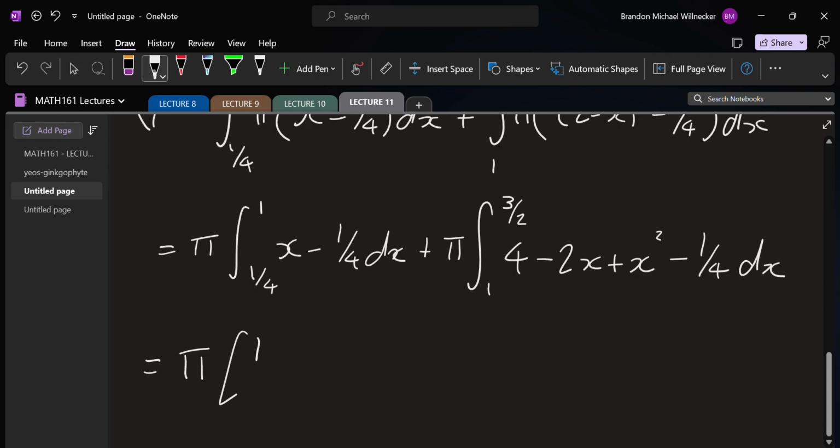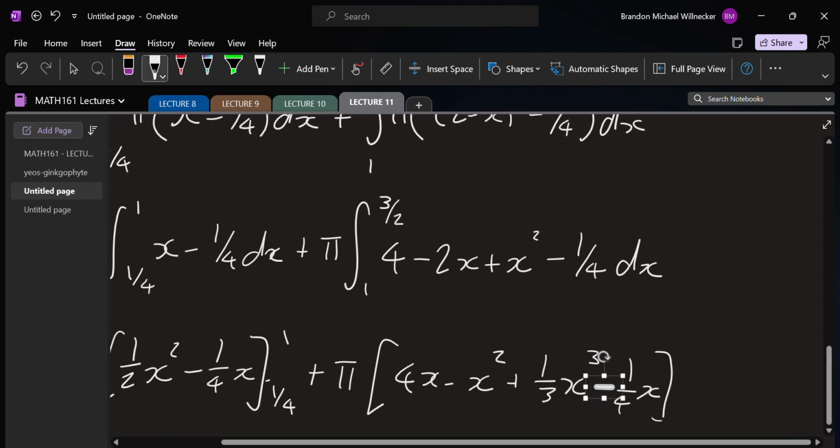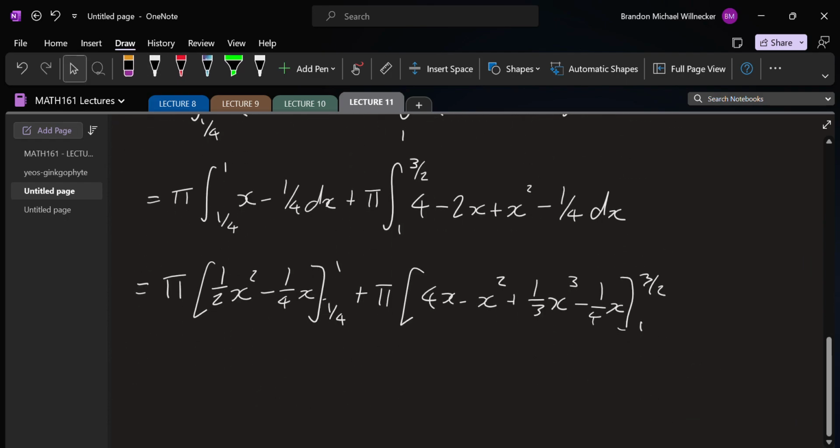Okay, and then we can do the normal integration from there. So that will be pi, 1/2 x squared minus a quarter x from 1/4 to 1, plus pi, 4x minus x squared plus a third x cubed minus a quarter x from 1 to 3 over 2.